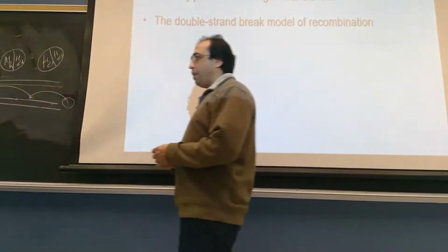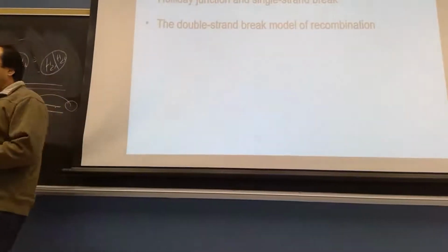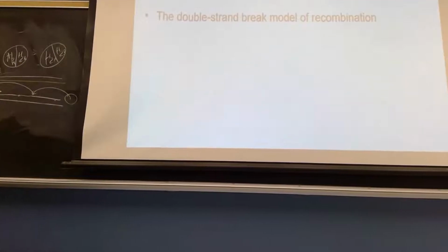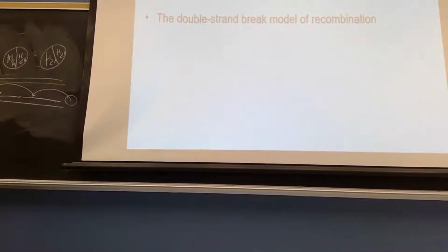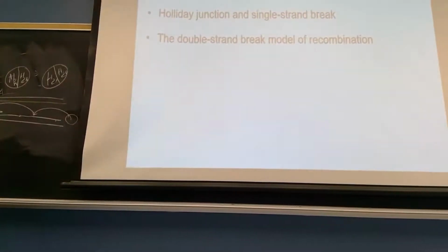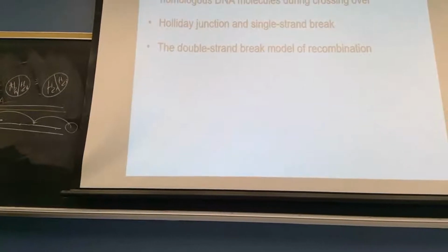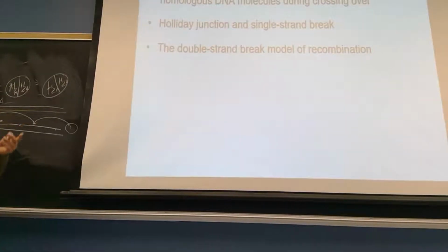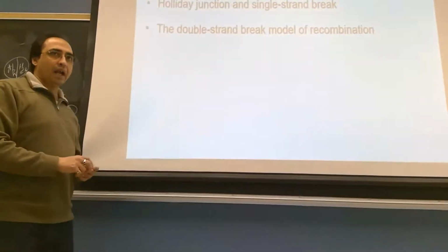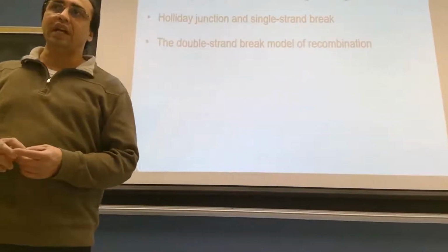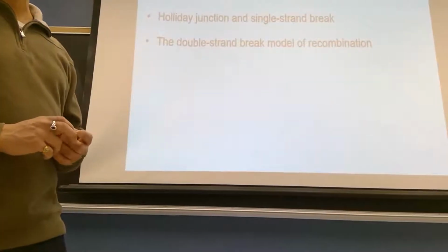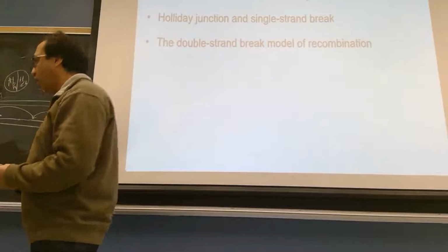The recombination model was first proposed by a scientist named Holliday, with two L's, not single. Holliday proposed how the chromosomes break apart and how they rejoin. That's why it is called the Holliday junction model.